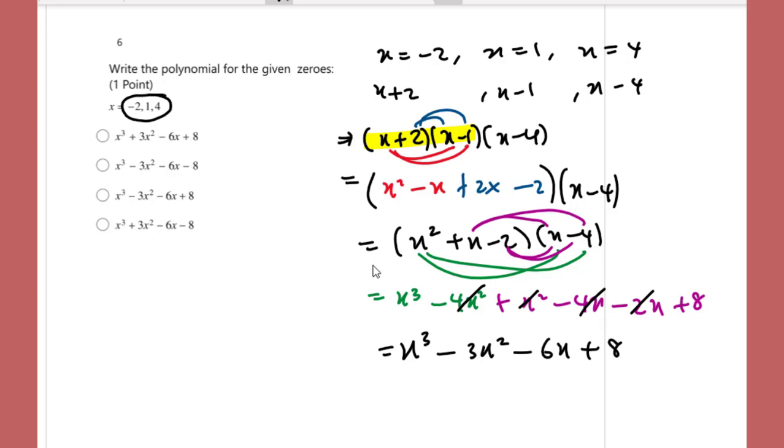So the answer is x cubed minus 3x squared. This one is not the answer. Minus 6x plus 8. Okay, this one is not the answer. So the answer is the option x cubed minus 3x squared minus 6x plus 8.